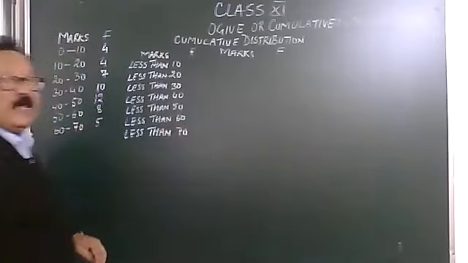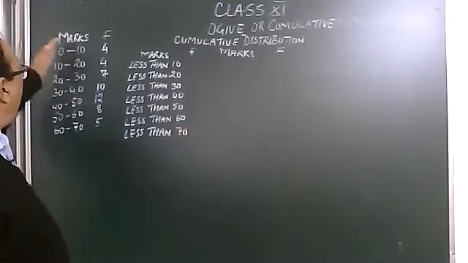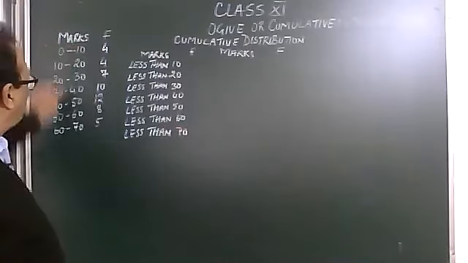So when we are doing the less than series, children, we are taking the upper class limits.